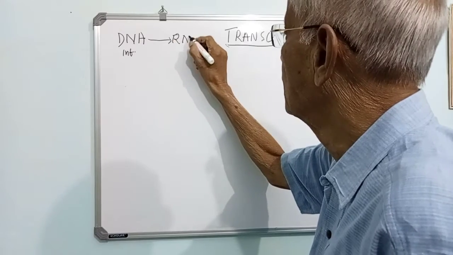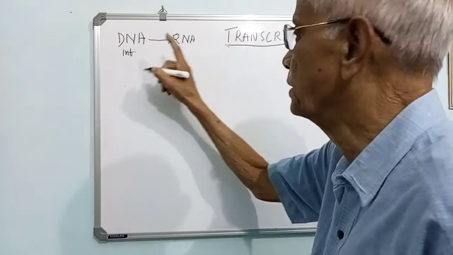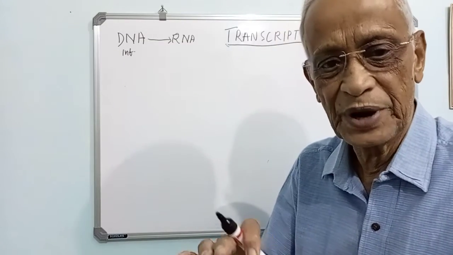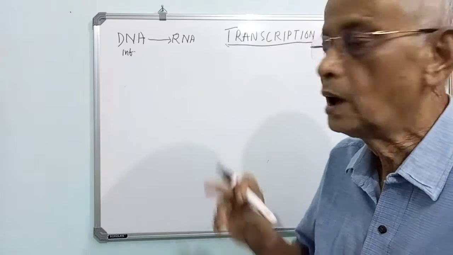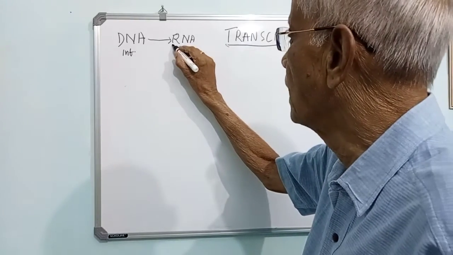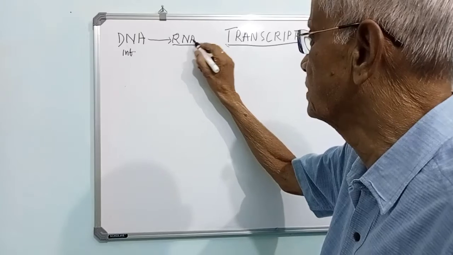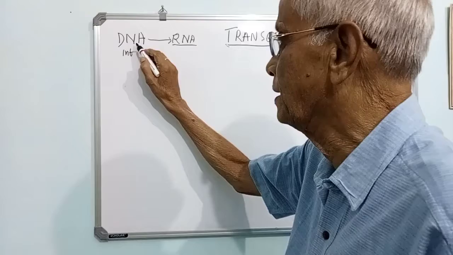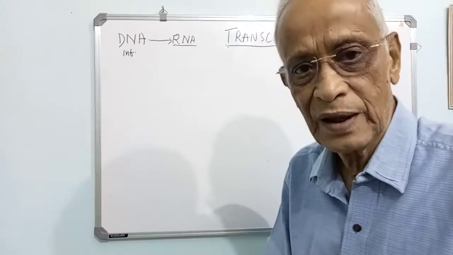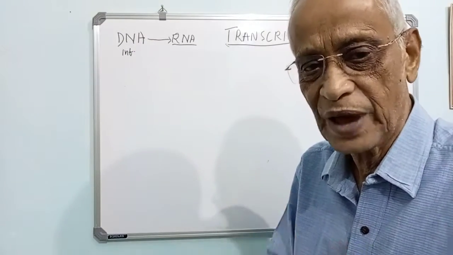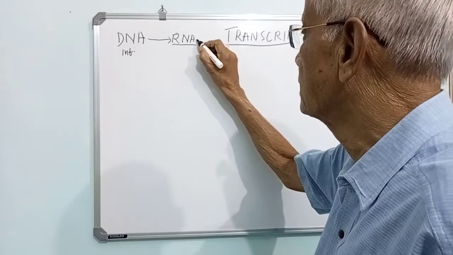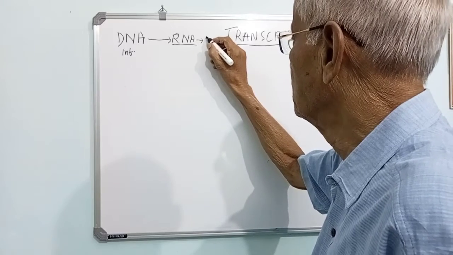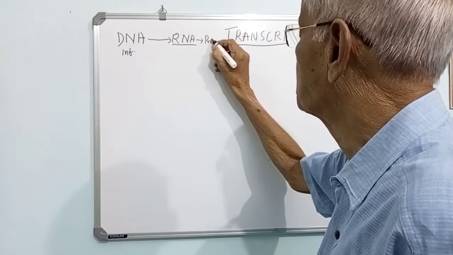The genetic information that is required to construct or build a polypeptide chain will be copied on an RNA molecule, that is ribonucleic acid chain, and that happens on the DNA. DNA becomes the template. From the DNA, the information is carried by this RNA, and that will go to produce the proteins.